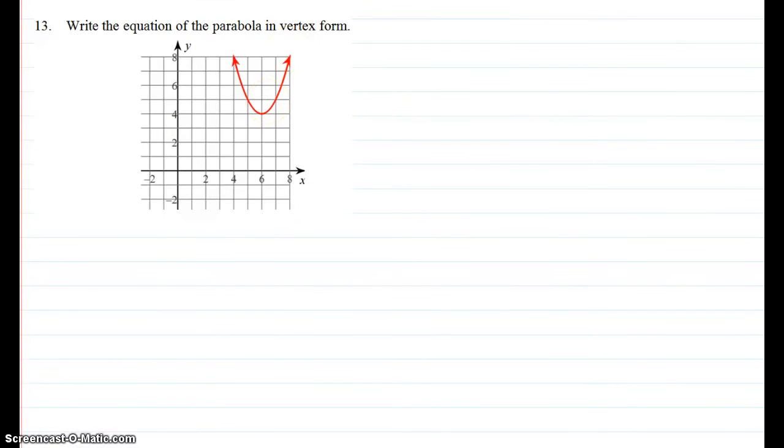All right, number 13, write the equation of the parabola in vertex form. So first thing you want to do is identify the vertex. So the vertex is at 6, 4, and so we're going to have our function. So this is the h value.